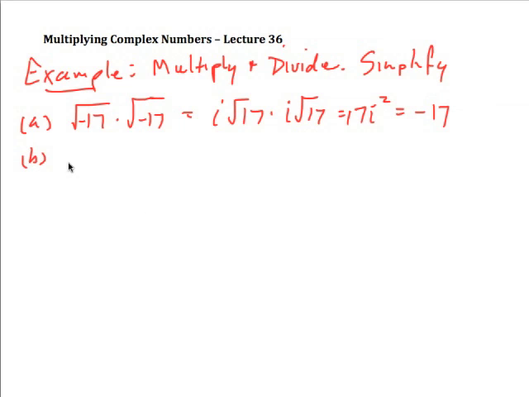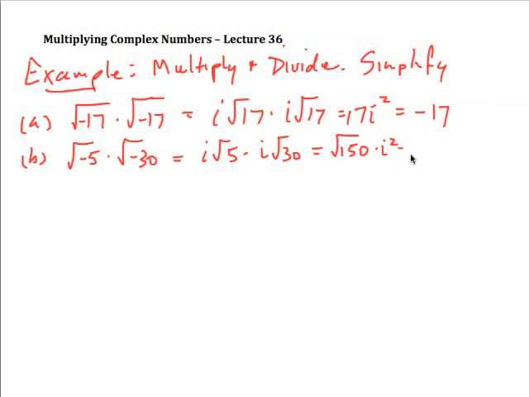Part B, let's suppose we have the square root of negative 5 by the square root of negative 30. Again, what we do in this case is we put this as i square root 5, and this would be i square root 30. So this would in fact be i squared by the square root of, we can apply the radical rules now, 150 by i squared.